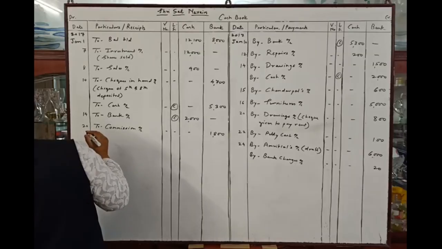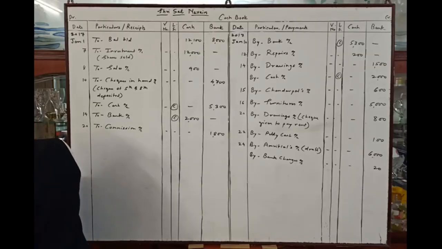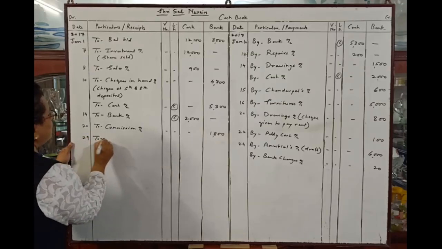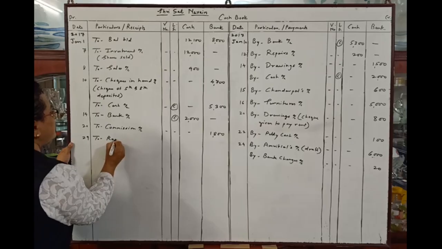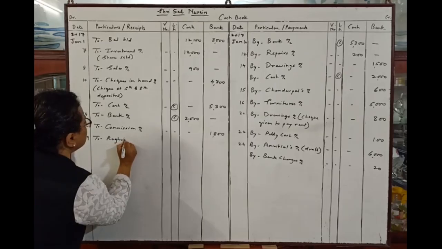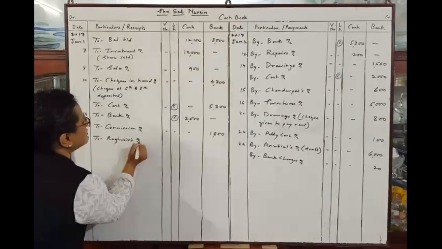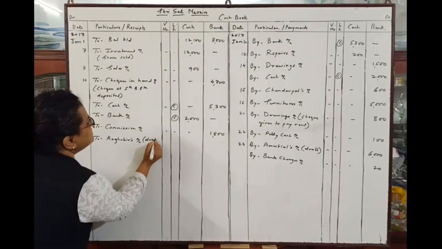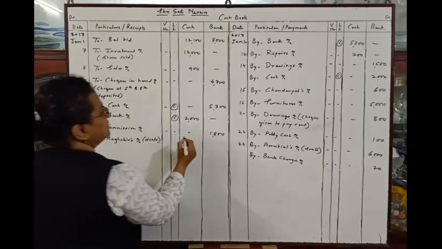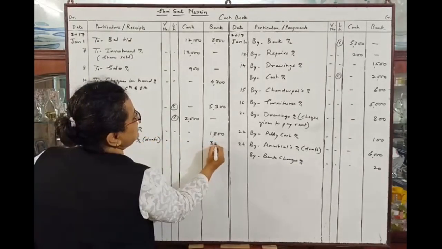So on 29, draft received and we have assumed that it has been deposited into bank worth rupees 3,900.